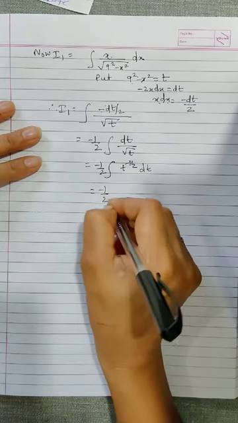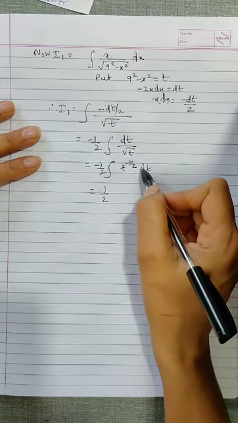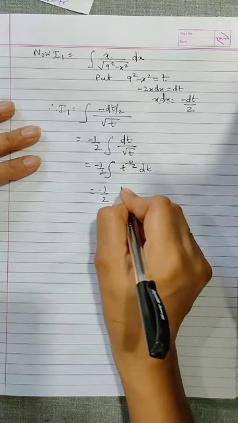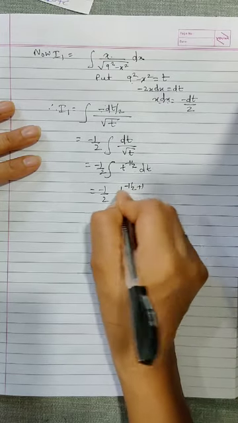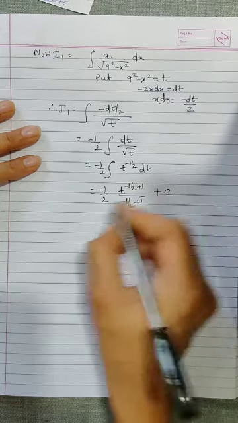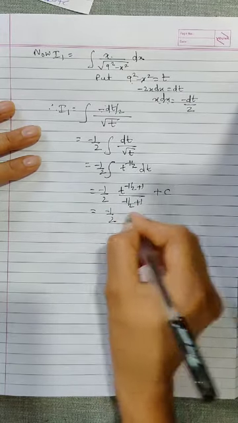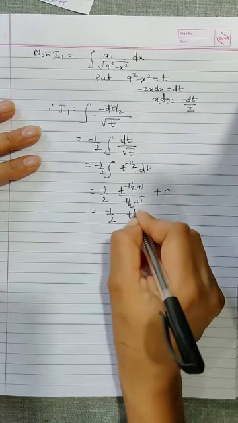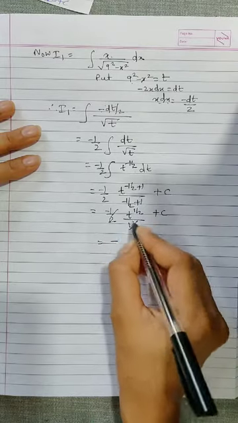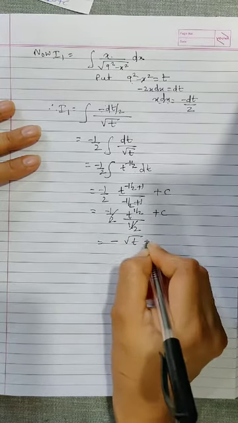Now apply the integration for x raised to n: whenever we integrate x raised to n, the power is increased by 1. So t raised to minus half plus 1, divided by minus half plus 1, and plus c. Minus half plus 1 means half, so that half gets cancelled. This is minus t raised to half, means root t, plus c.